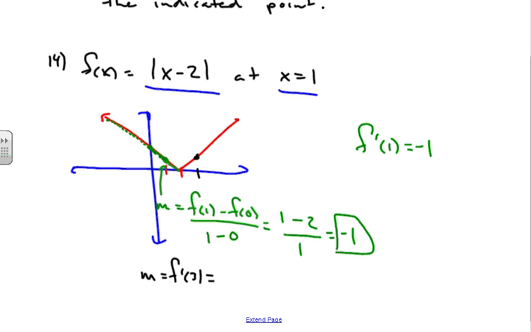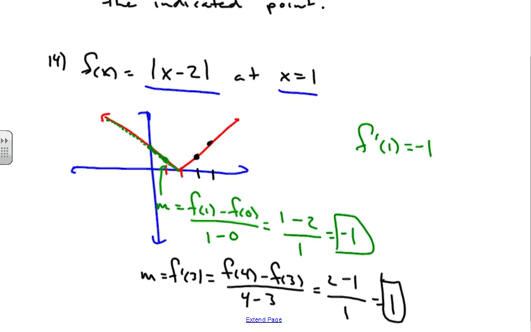Once again, that is the same, so we could take these two different values and find f of 4 minus f of 3, over 4 minus 3. F of 4, plug in there, would be 2, minus f of 3, which is 1, over 1. Once again, we get a single answer of 1. So f prime of 3 equals 1.